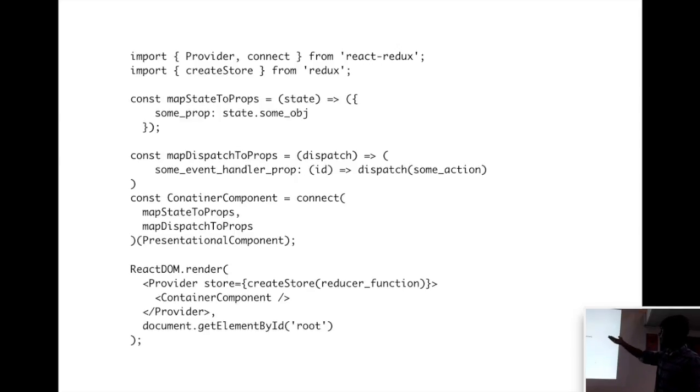And finally, you can pass all these props to your presentational components through the container components by calling connect and getting the higher order component. So this is how you will usually be creating container components in Redux.